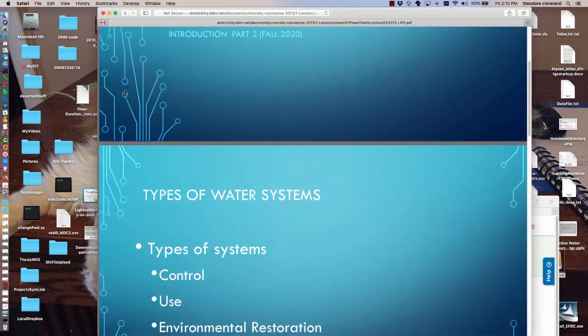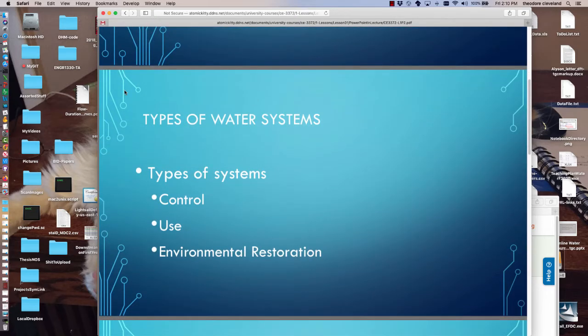And the topic of Part 2 is types of water systems. So let's look at these 3 bullet items.